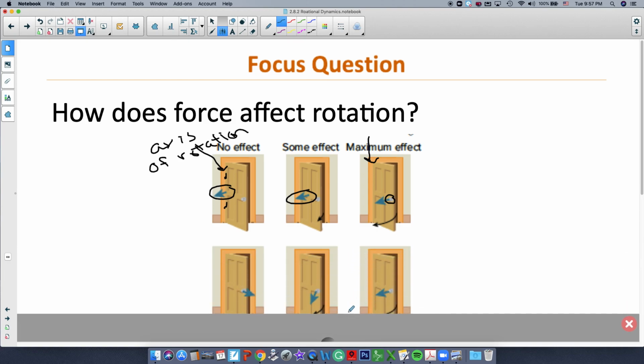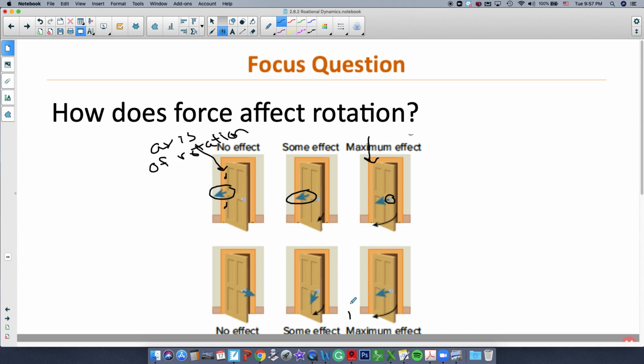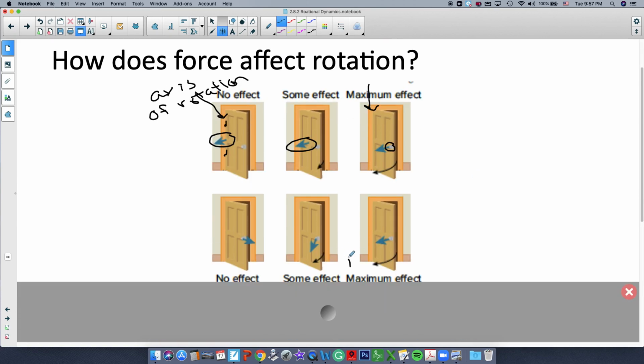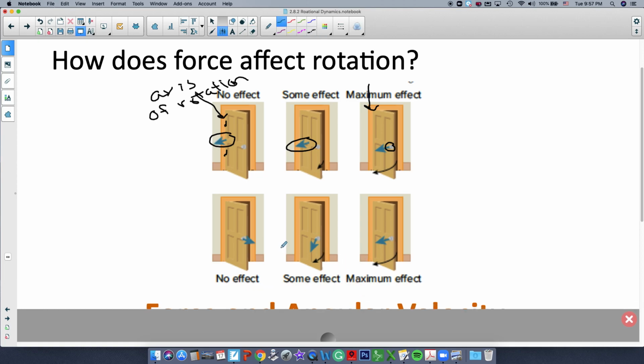Okay, so a couple other examples we can look at. Pretend you are grabbing a door and pulling on the doorknob towards yourself, from the edge there. So you're pulling straight out from the door.